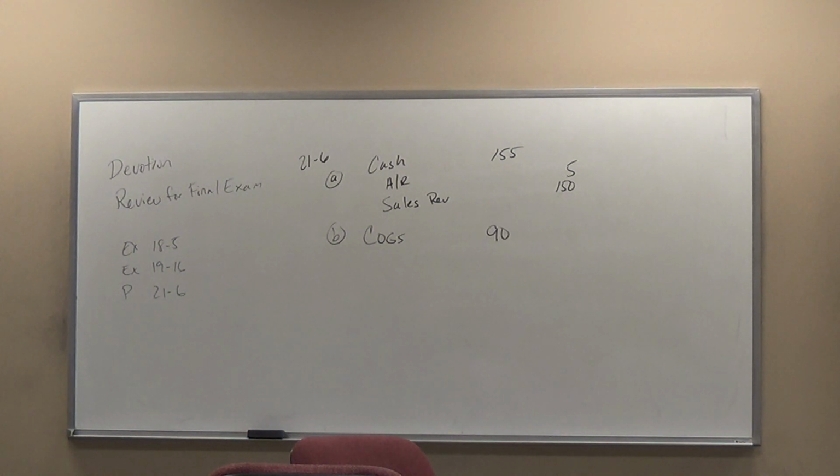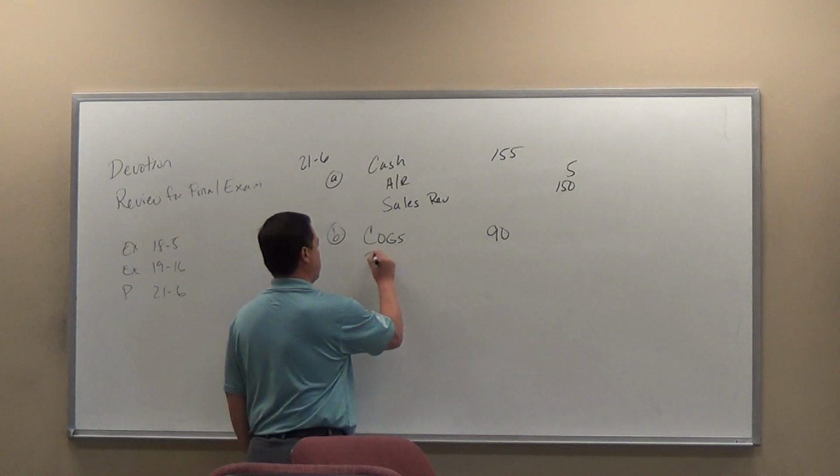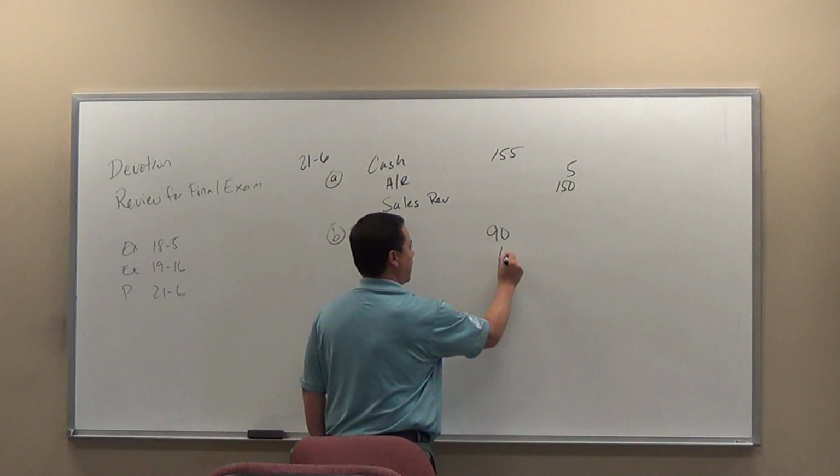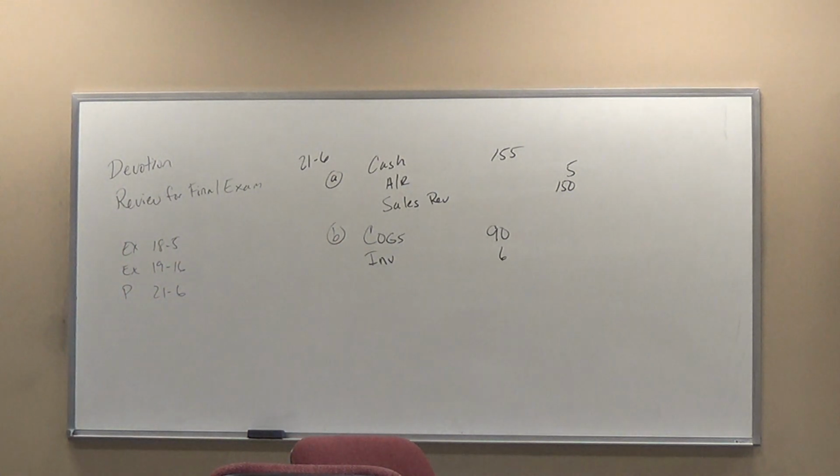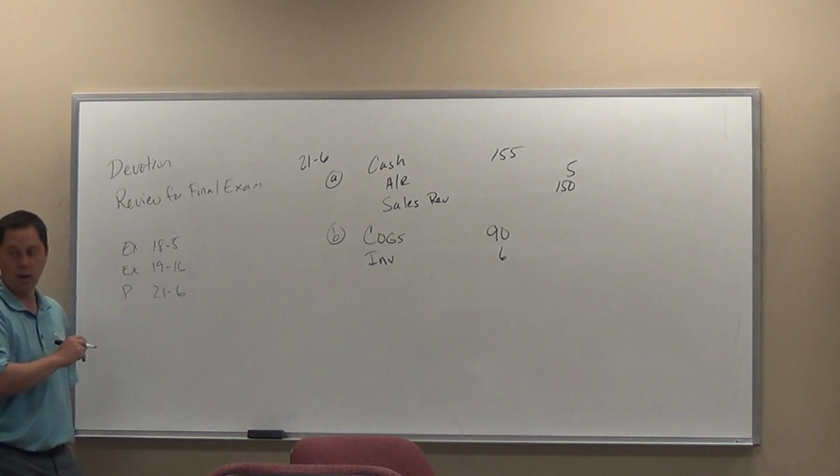We have an increase in inventory there. So if we have an increase in our inventory, our journal entry would then be inventory here. And we're going to add 6 to that, right? Because we've increased the inventory. It's just a summary entry here.